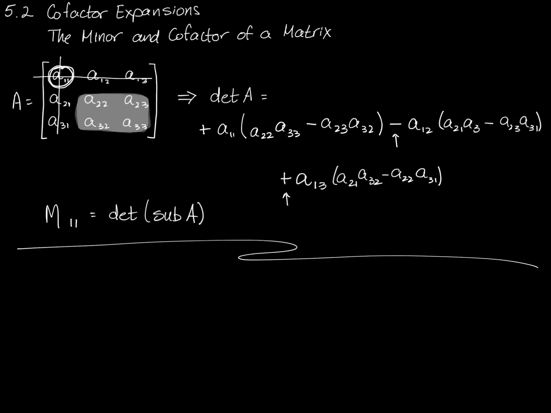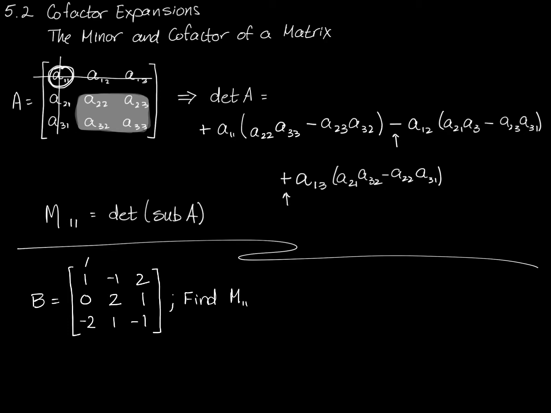Let's take the matrix B, and I'll just make one up here. We'll go with 1, -1, 2, 0, 2, 1, -2, 1, -1. And let's find the minor of entry 1, 1.